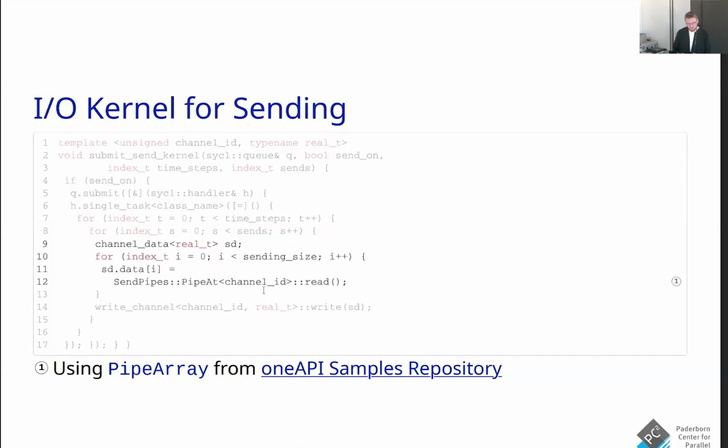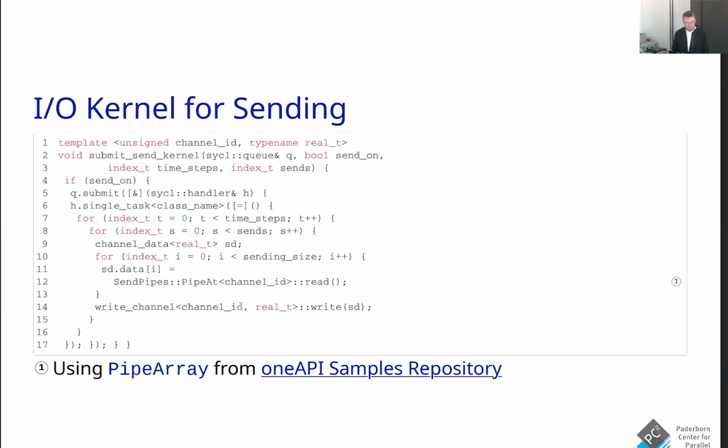Then we receive always 8 chunks from a local pipe and put it in one of the structs. And then we write it to the actual I/O port. So this write channel just wraps around this kernel readable I/O struct I've showed you in the dummy example before.